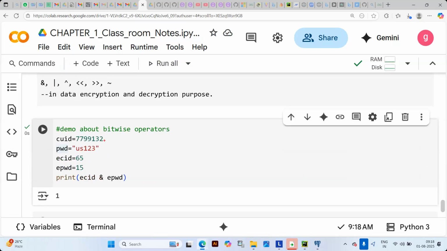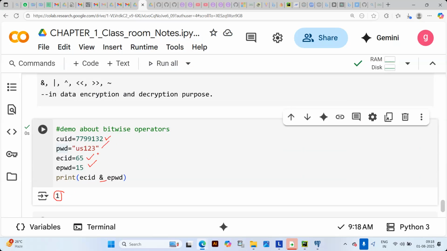I have given my bank credentials, customer ID and password, on my computer. The presentation layer converts these two into ASCII characters, and then performs this specific operation, and only 1 goes through the network. It is highly difficult for a hacker or intruder to understand the meaning of 1. That is the main purpose of the bitwise AND operator.